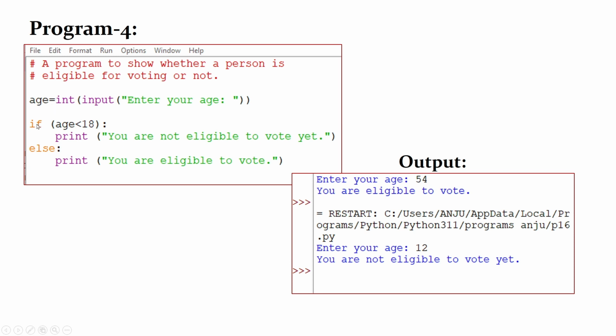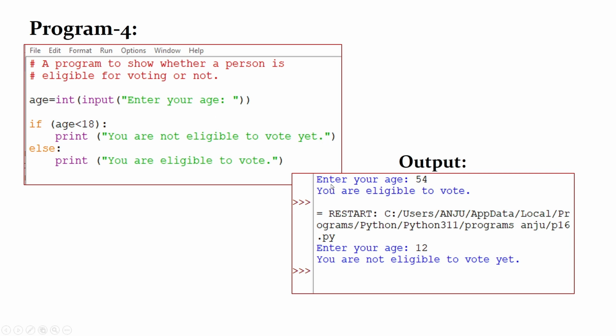Now if age is less than 18, then we will print you are not eligible to vote yet. And if this condition is false, that means the age is either 18 or above, then we will print you are eligible to vote. We have run this program twice. We have put both values, one value less than 18 and the other value above 18.